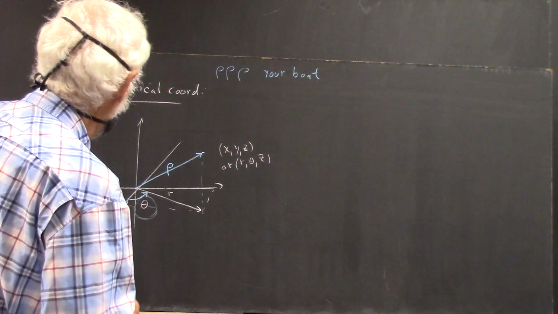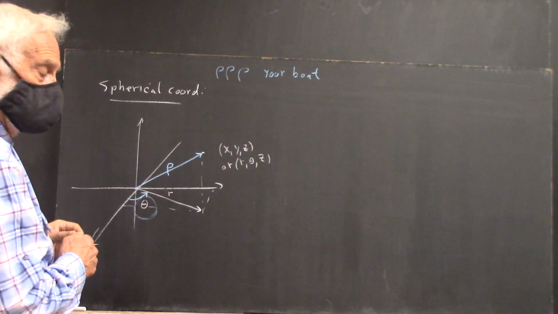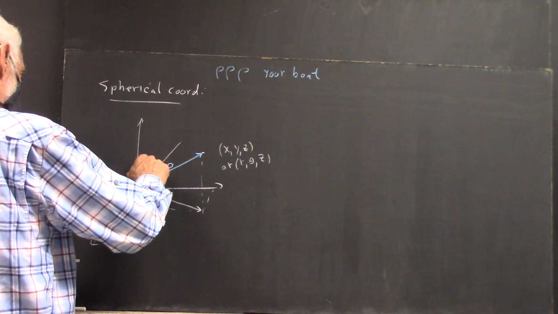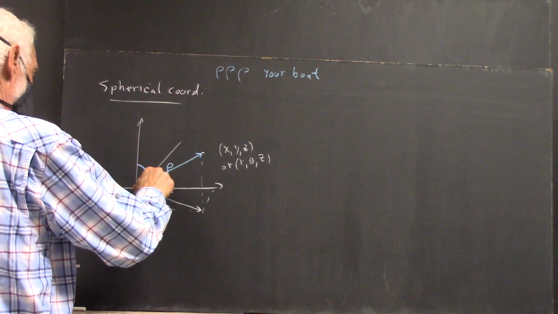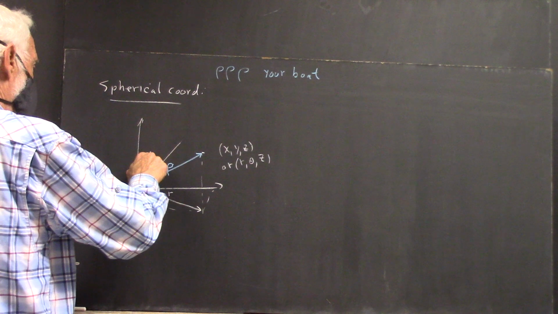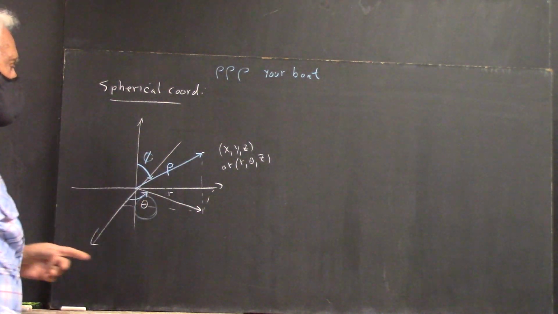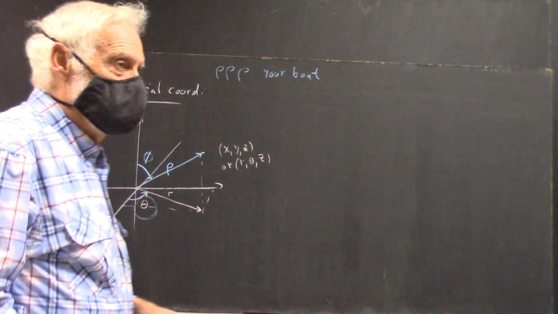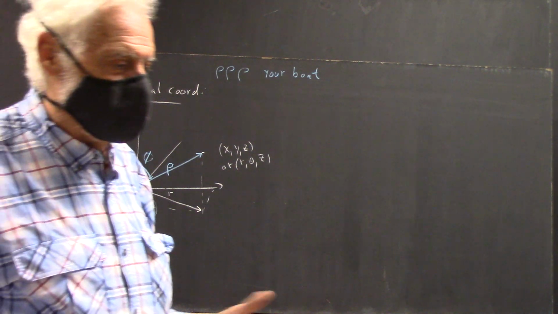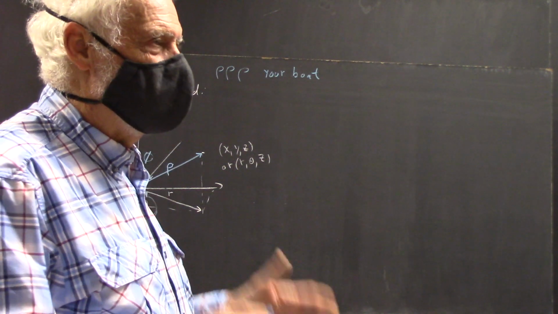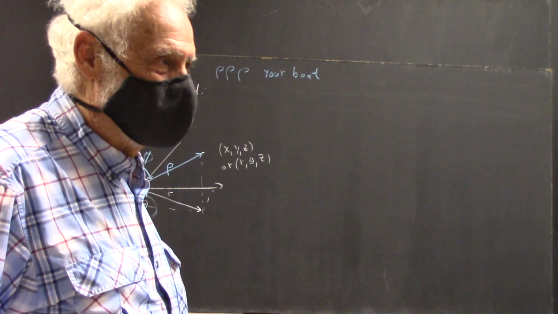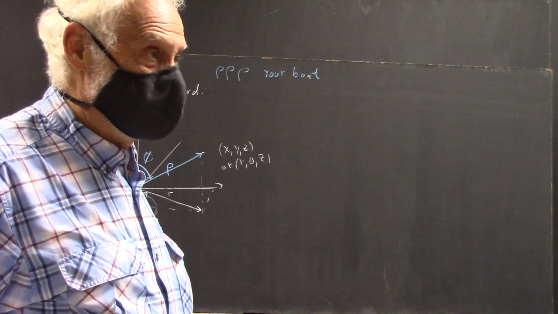The third coordinate is phi. Some people pronounce it phi. My fraternity when I was in college was Phi Kappa Psi, not Phi Kappa Psi. Okay?